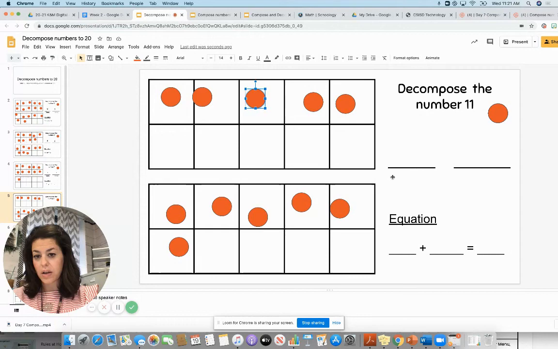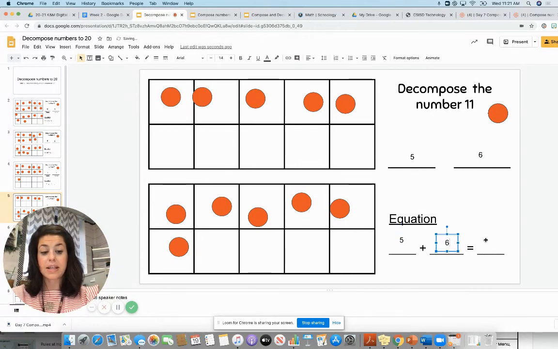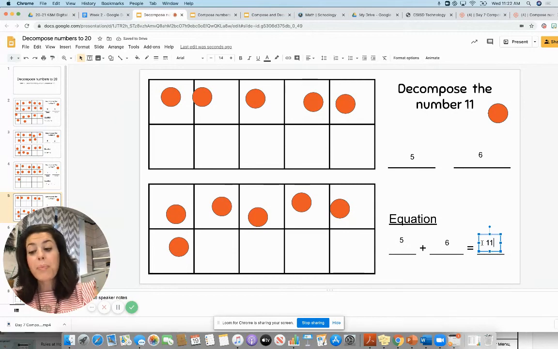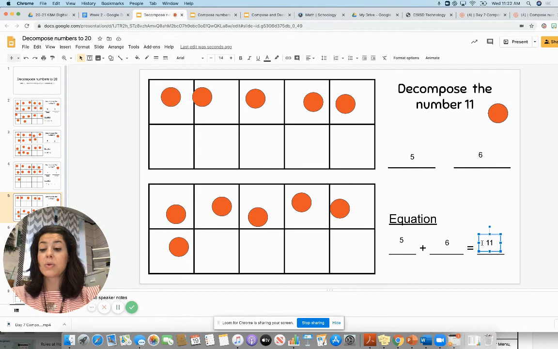So it does work. I can put together a 5 and a 6, and I'm still going to get to 11. How does that go in an equation? 5 plus 6 gets me to 11. So I can break many different numbers apart to get me to 11.